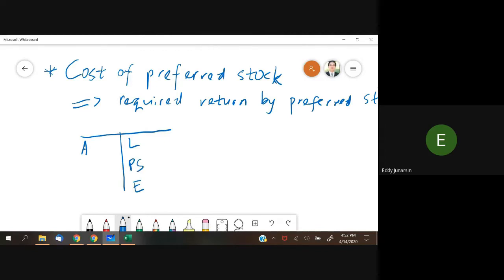So a simple question, right? If we borrow money from a creditor, the first question is, are we required or obliged to pay the interest payment? The answer is of course yes. Second question is, are we required to pay on time? And the answer is yes.